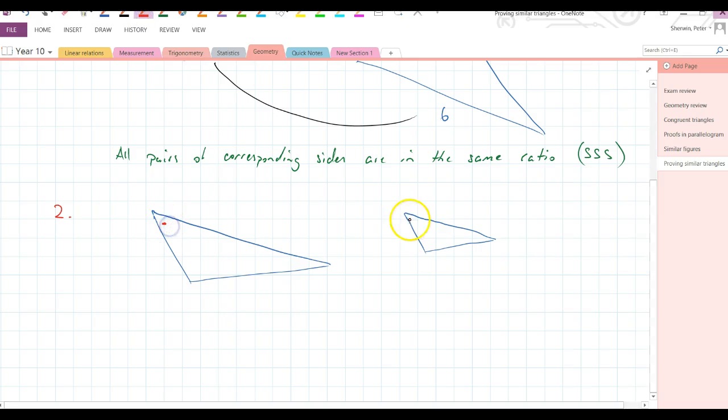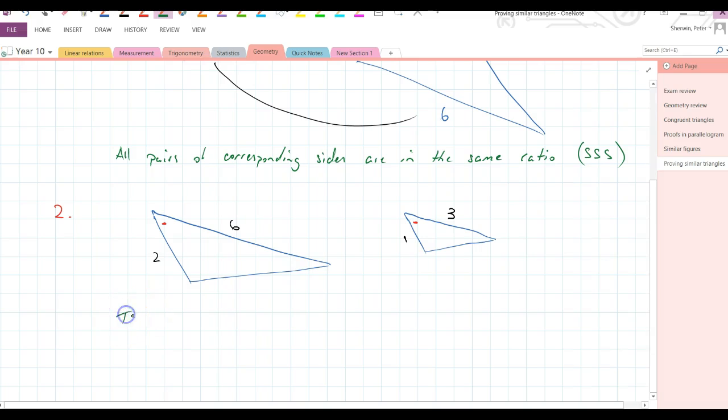This angle here and this angle here are equal, and then the sides about those angles. So again, it's the sides that are around that angle. So let's say that's 2 and that's 6, and this here is 1 and that's 3. So we can say from this that you've got 2 pairs of corresponding sides in the same ratio, and the included corresponding angles are equal. So that's an SAS. So let's write that out.